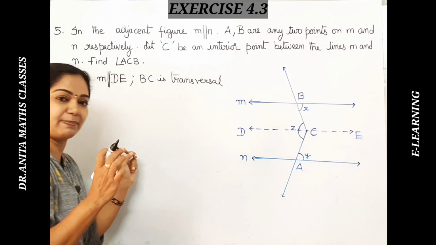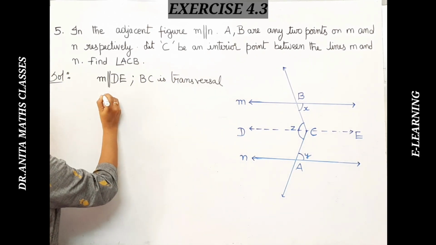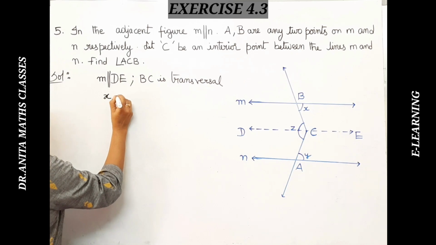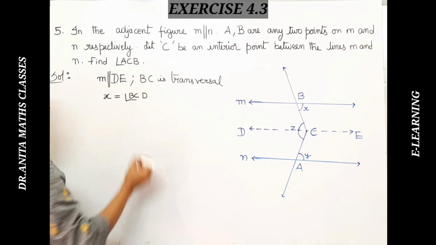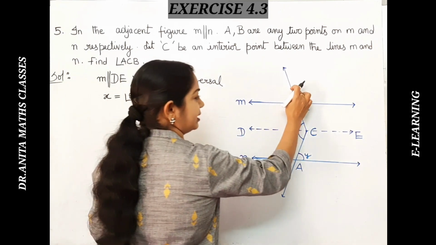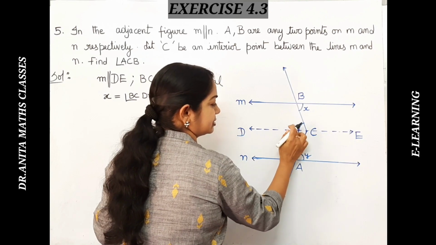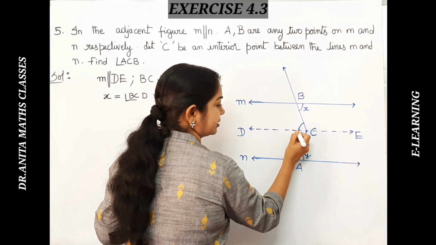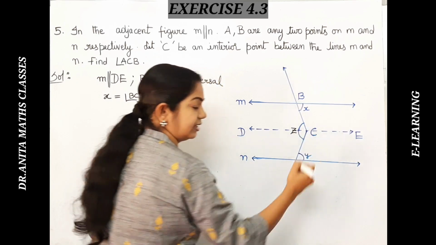And when 2 lines are parallel, the alternate interior angles are equal. So angle X is equal to angle BCD. Okay. So BCD is what? B, C and D. This is not the complete angle; this complete angle is Z, given in the diagram.